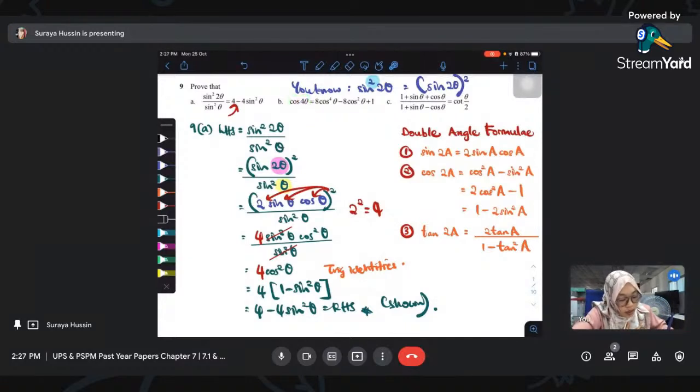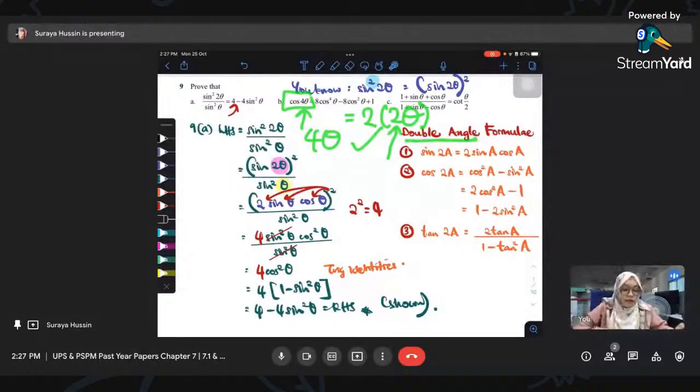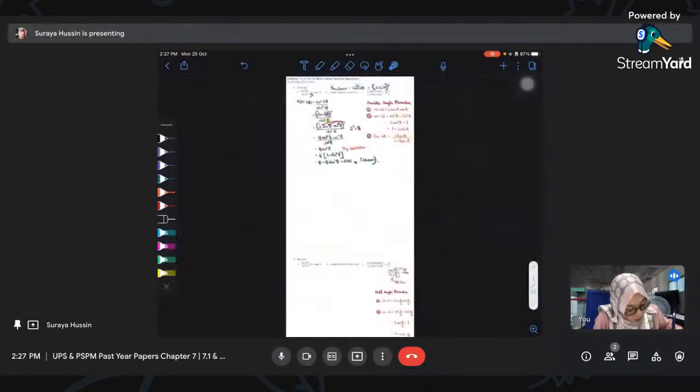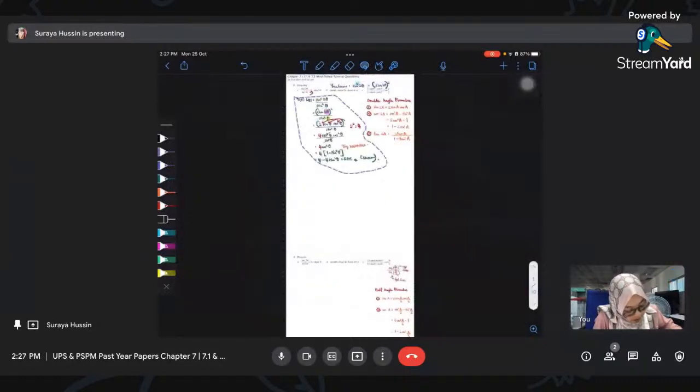So in this case, walaupun saya nampak dia 4 theta, but I can understand that it can be written as 2 times 2 theta. So 2 theta is actually double angle. So from here, I know I can use double angle again. So I can start from the left-hand side. So just gonna make this a bit smaller so that I have space.